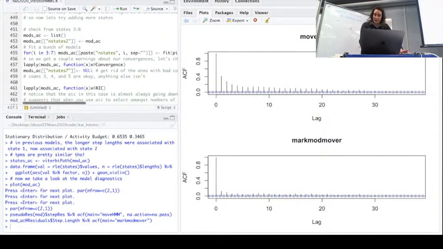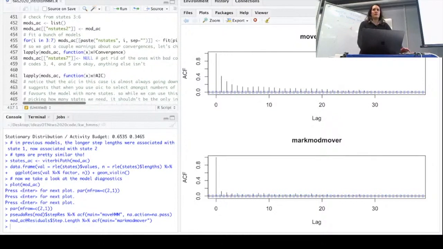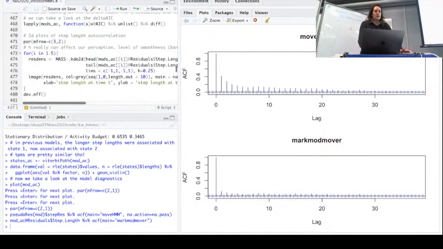I fit the model multiple times, with an increasing number of behavioral states. As you increase it in Markov mover, you'll see that you get convergence problems. Those ones you need to throw out. If you're getting convergence problems or problems with your residuals, then you're not going to want to use those models. So throw those out.